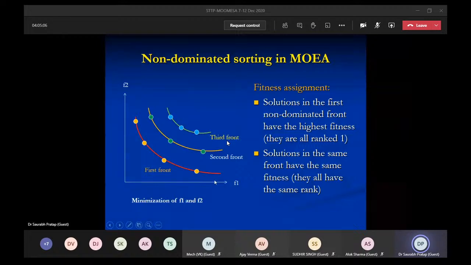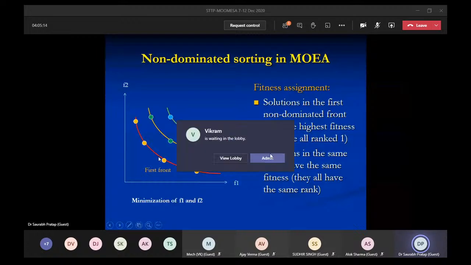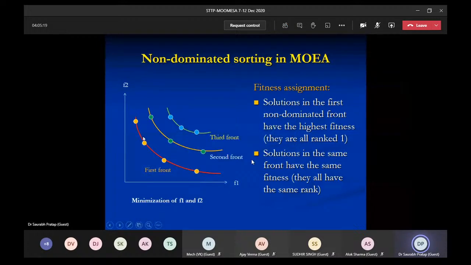Even we can say that if we are considering a minimization function, this value is better than the second and the third front. So we can say that F1 is the first front, and that will be the best possible solution for the F1 and F2 functions.